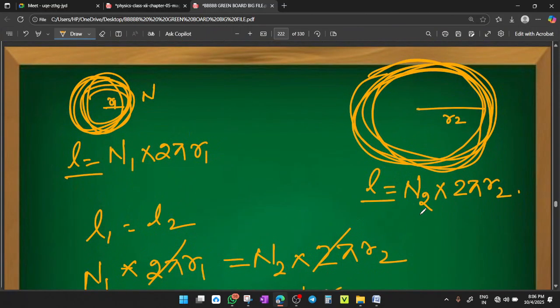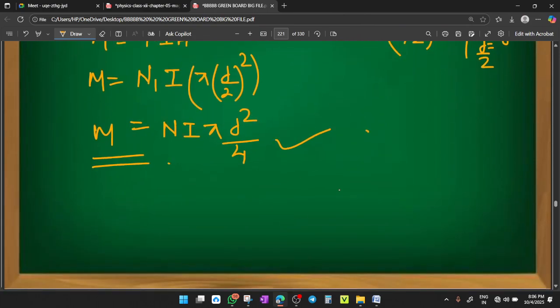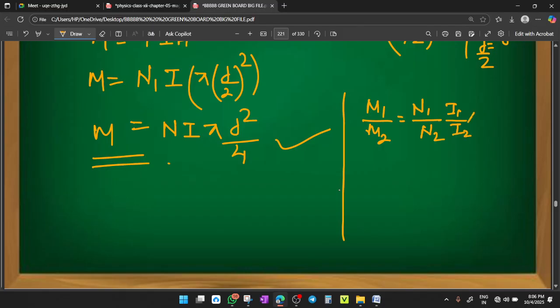Now place the values in the formula: M1 upon M2 equals N1 upon N2, I1 upon I2, pi cancels pi, d1 square upon d2 square.